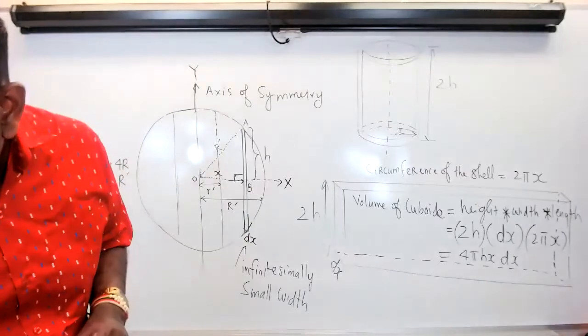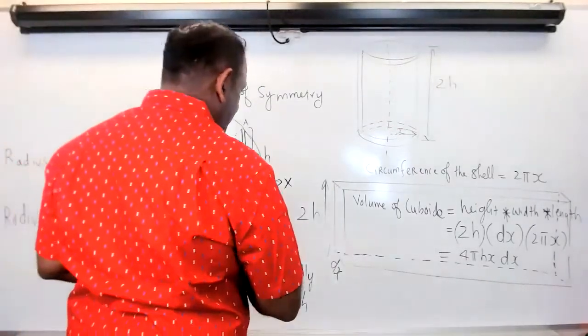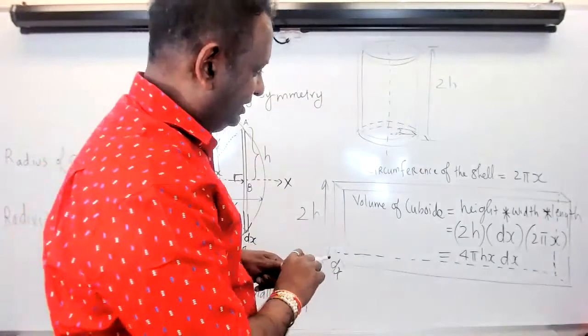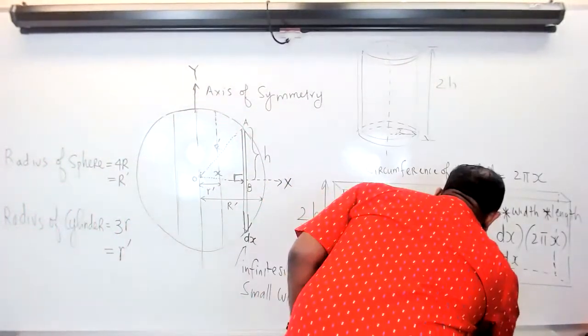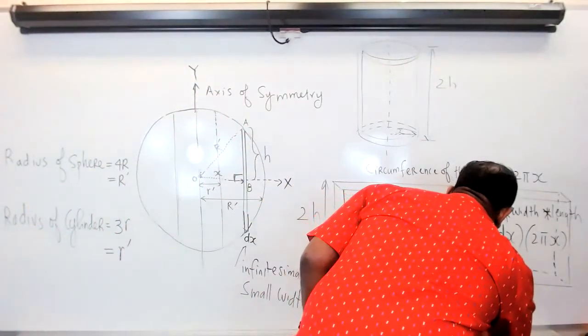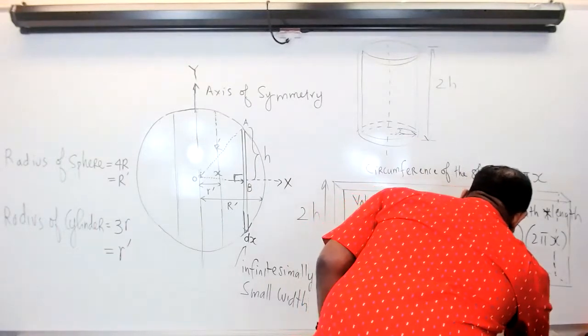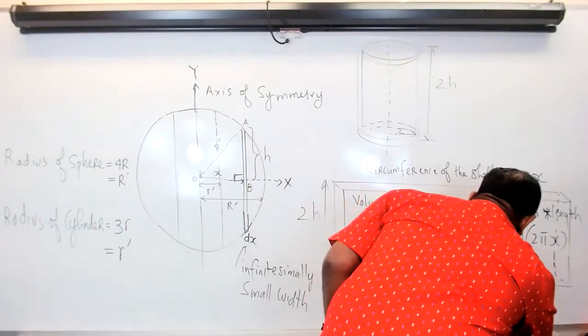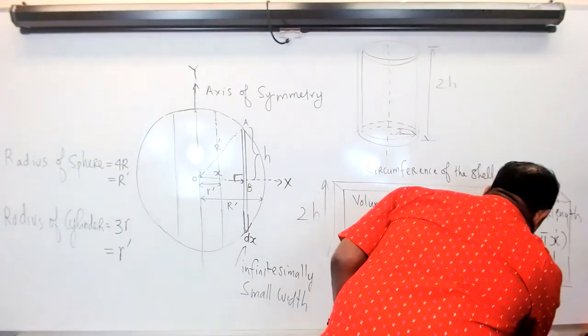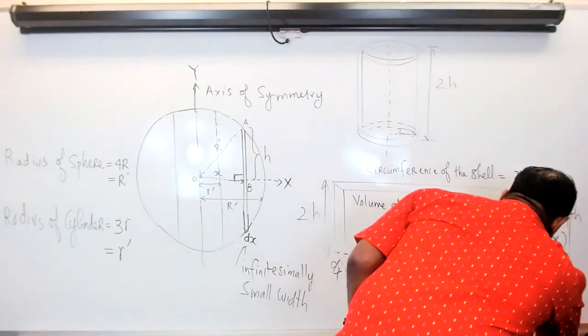Then h is how much? We know h, so I'm going to plug in that h here. Let's replace h in 4 pi h x dx. You can remember h is the square root of R prime squared minus x squared, and there is another x over here.